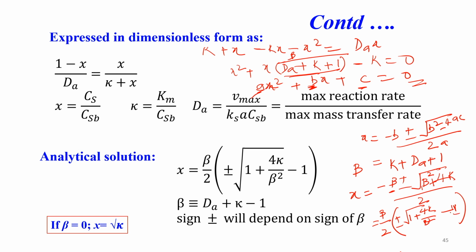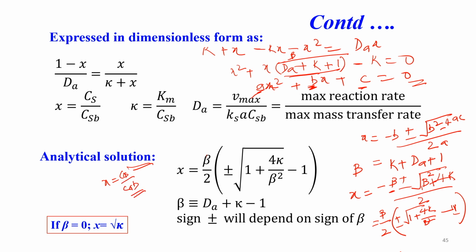That is it. So, it is simply rearranged. So, it says x is beta upon 2 times the square root of (1 plus 4 kappa upon beta square) minus 1. This simple quadratic equation says it is possible to get the value of Cs. X is, what is x? x is Cs upon Csb.